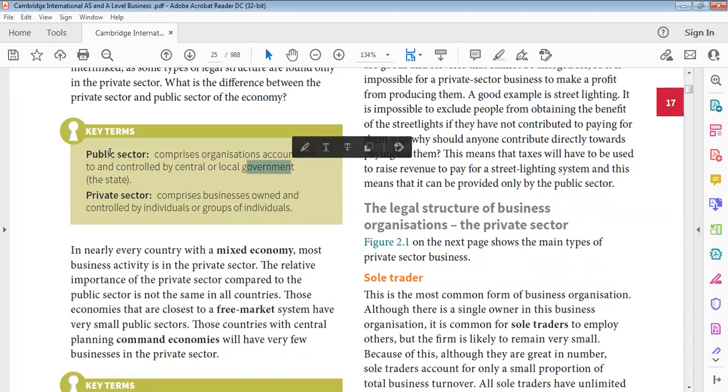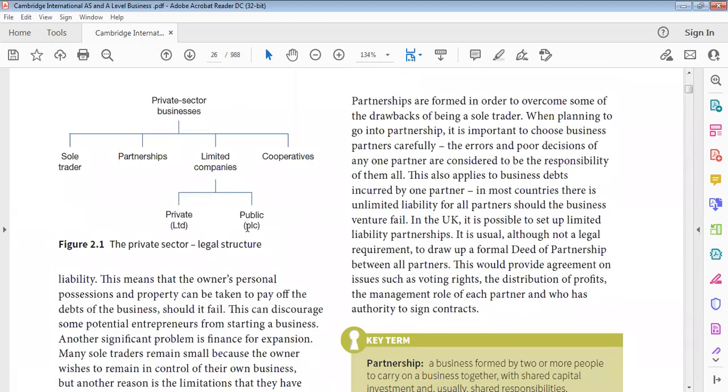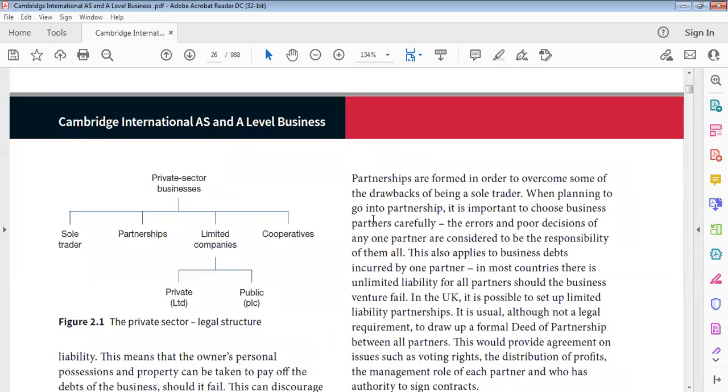But if you hear public limited company, then the government has nothing to do with it. It's separate, like the private sector. But obviously there is some difference. All these private sectors have some unique features which are different from the others. They have some similarities, they also have some differences, so we learn about the unique details.